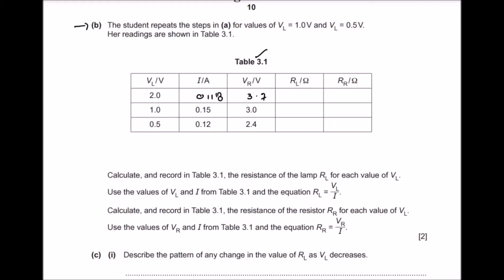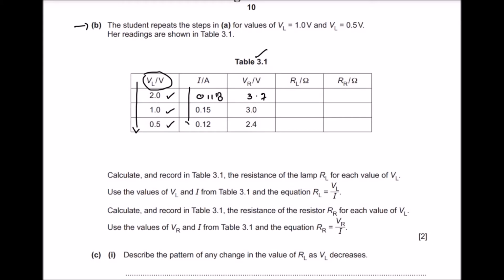Look at this part B. The student repeats the steps in A for values of voltage across the lamp of 1.0 volt and 0.5 volt. Here readings are shown in the table. It shows the voltage across the lamp recorded as 2.0, 1 and 0.5.